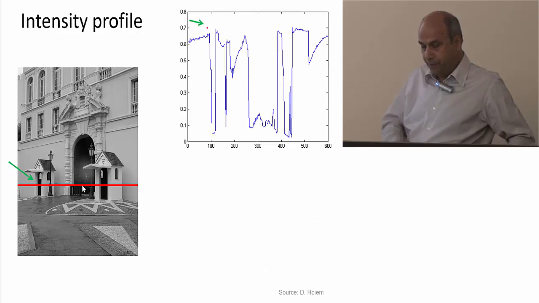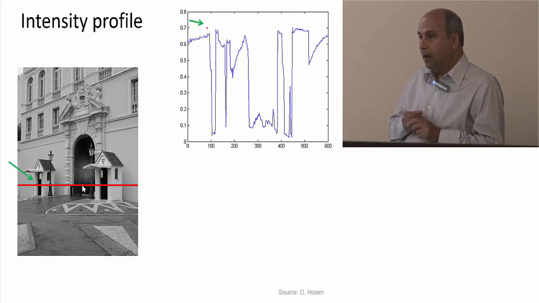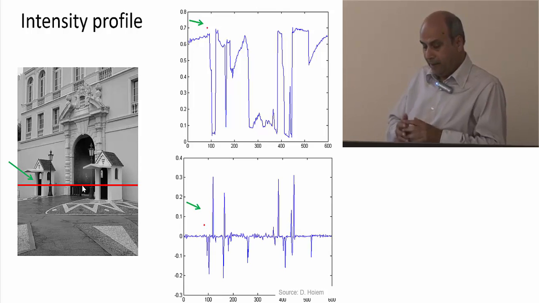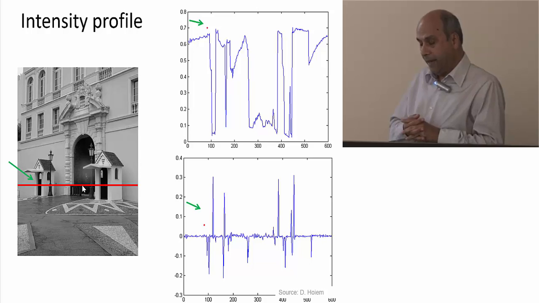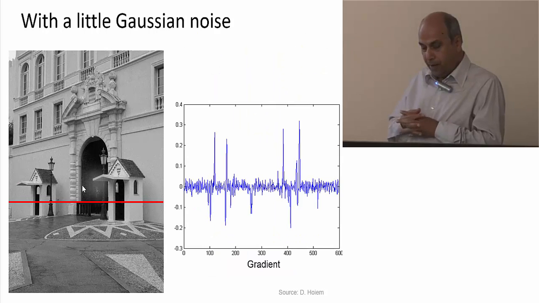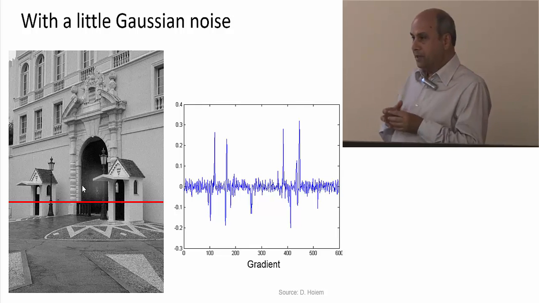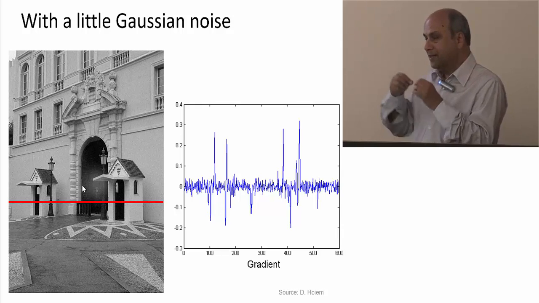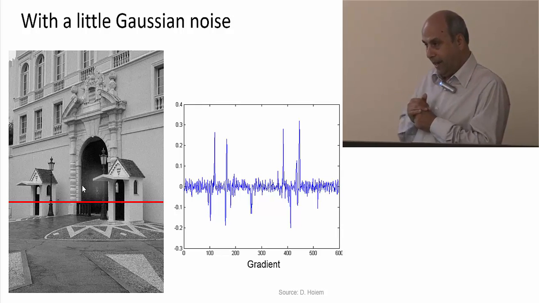So if you look at this row, which is shown in red, this is a profile of that. And then this is the derivative of that, and wherever there's a change, you get the spikes. Now, as we have been talking about since last week, there's always noise in the image. So if you take that row I showed you before and add some little noise, it will look like that.